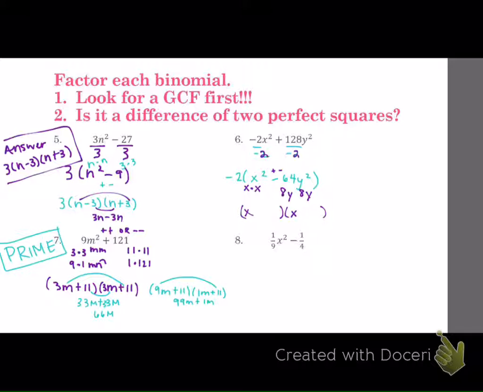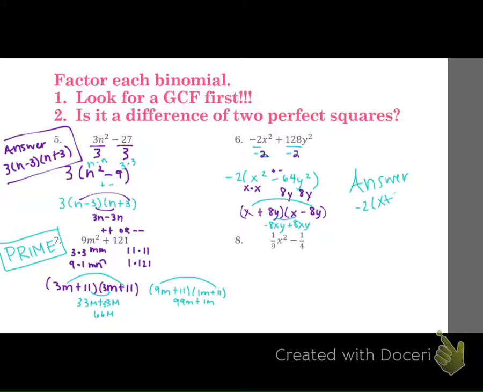And then what does my back need to be? And what are my signs? So we distribute, that's negative 8xy plus 8xy. Will those cancel out, guys? Yep. What needs to be a part of my answer? Negative 2. That negative 2.